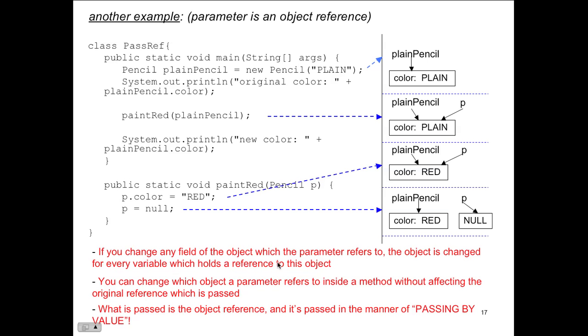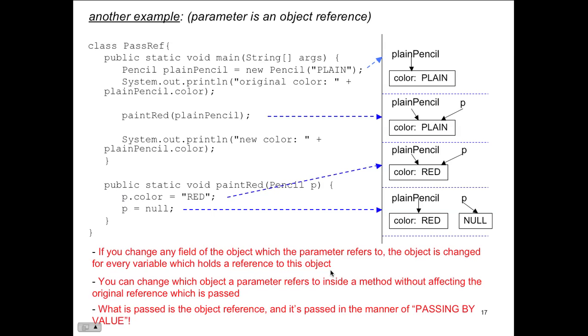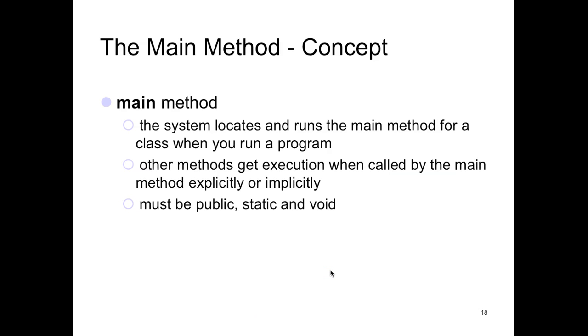The object is changed for every variable that holds the reference to that particular object as well. So basically going back to that pass by reference instead of pass by value concept. And don't worry if you don't get this concept, if it doesn't seem clear to you, because it will when you start passing objects as parameters, and then you see the side effect and you go, oh, that's what she means.